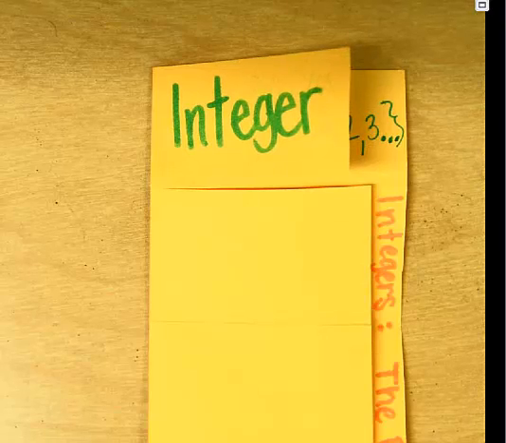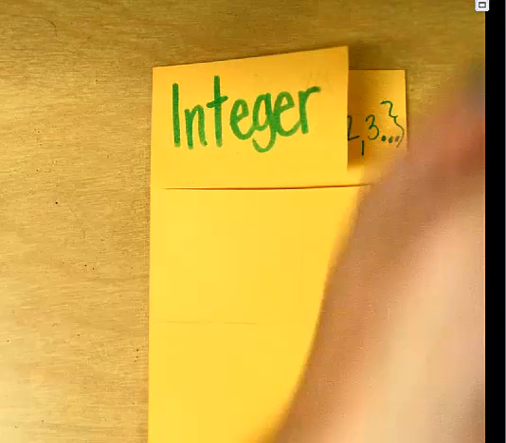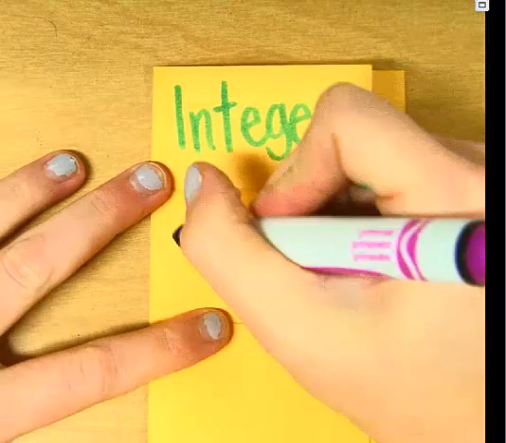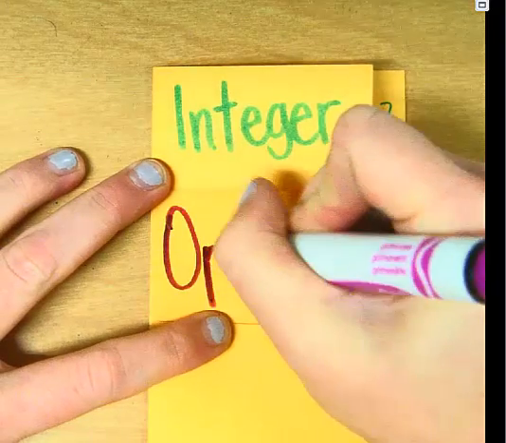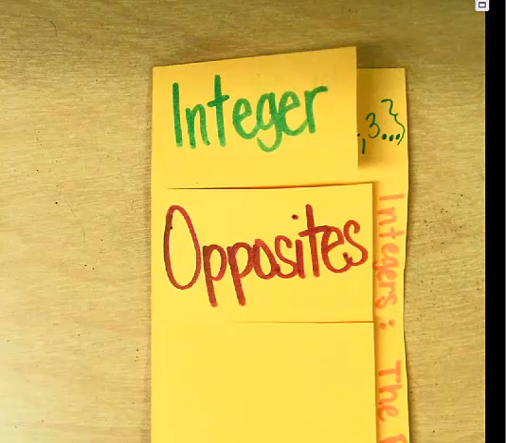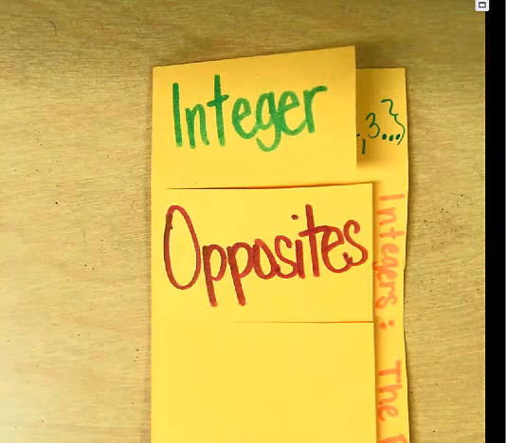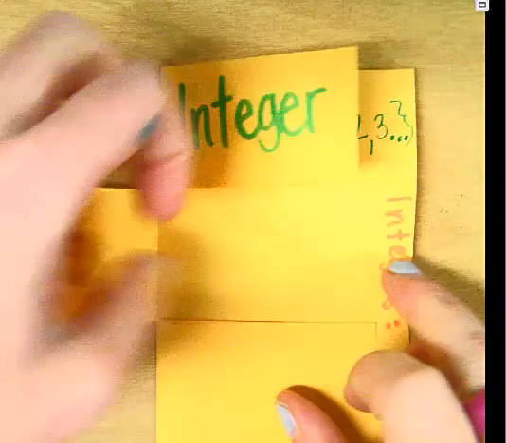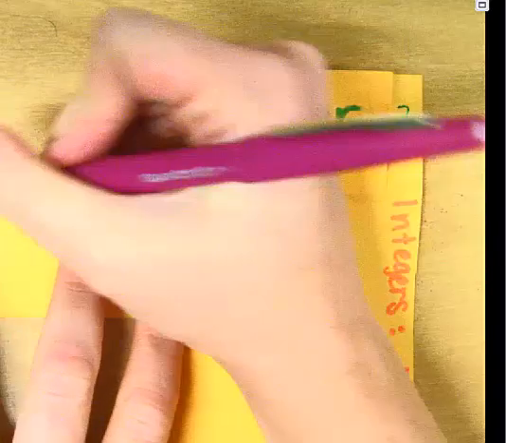So the next one that we're going to look at would be opposites. Opposites can include hot and cold and those kinds of things. But for math, when we're talking about opposites, one of those numbers is going to be positive.